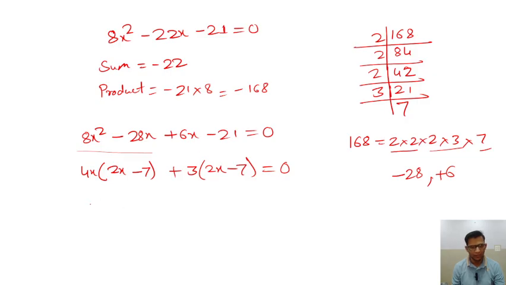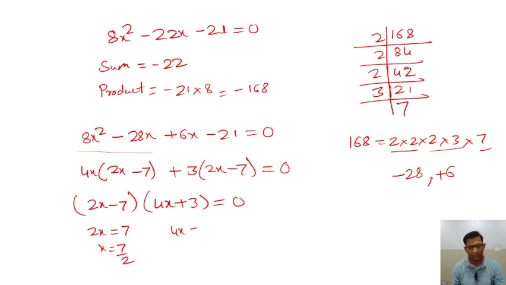So now I'll take out 2x minus 7 as a common term, then I'll get another factor as 4x plus 3. Now you have to get the roots. You have to put these two factors equal to 0. So 2x equal to 7, or x equal to 7 by 2, is one of the roots, and x equal to minus 3 by 4 is another.